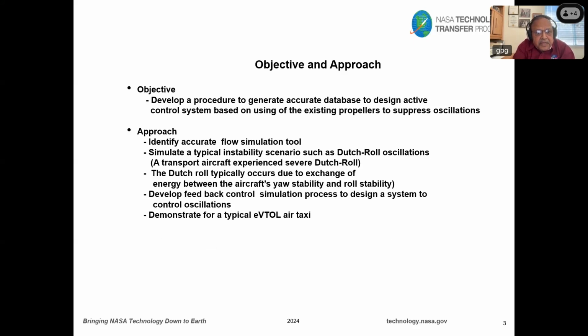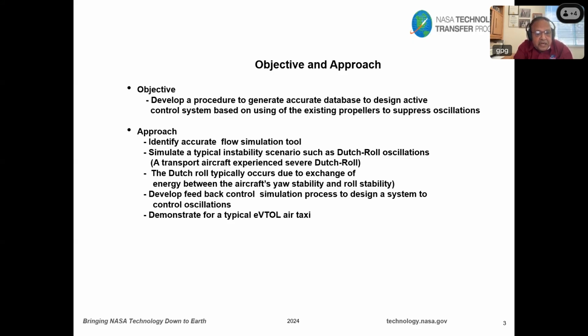The main objective of this work is to develop a procedure. This is not about developing an instrumentation. This is just a procedure to generate an accurate database to design the active control system, using the existing propellers to suppress oscillations. The approach we have taken is, first, we need to identify a very high quality, very accurate flow simulation module because of the flow complexities. That's one of the tasks.